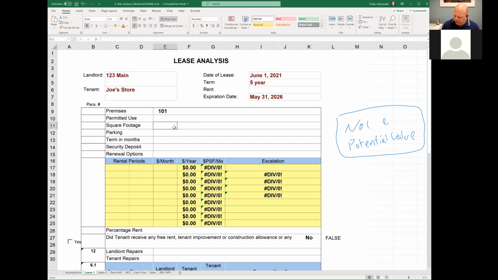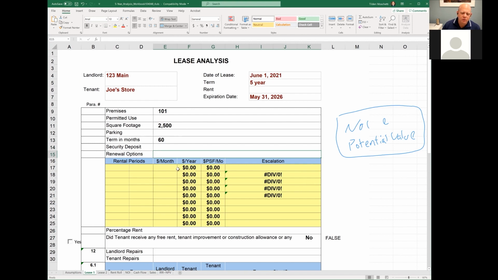Let's say it is a 2,500 square foot space, and then how many parking spaces they've been allocated. I'm assuming this is just a 2-unit building, so we'll leave that blank. Term in months, 60.